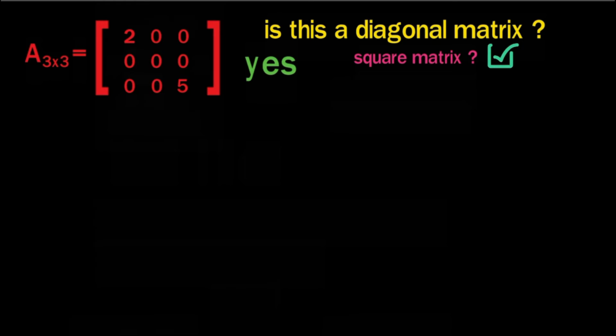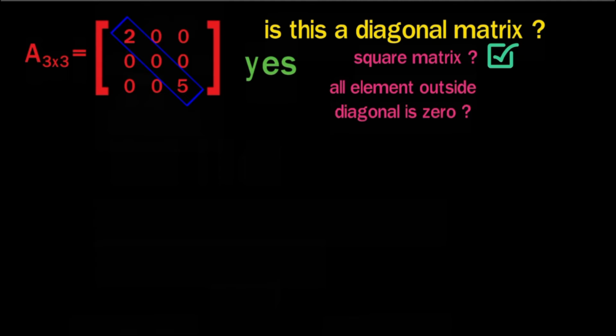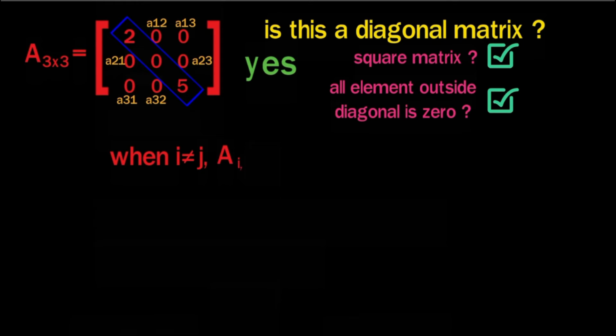And second, we look at whether all the elements outside the diagonal are 0. These elements are at positions A12, A13, A21, A23, A31, A32. When i is not equal to j, the element is 0. So this is a diagonal matrix. Even though the diagonal has a 0, it is still a diagonal matrix because outside the diagonal, the elements are 0.